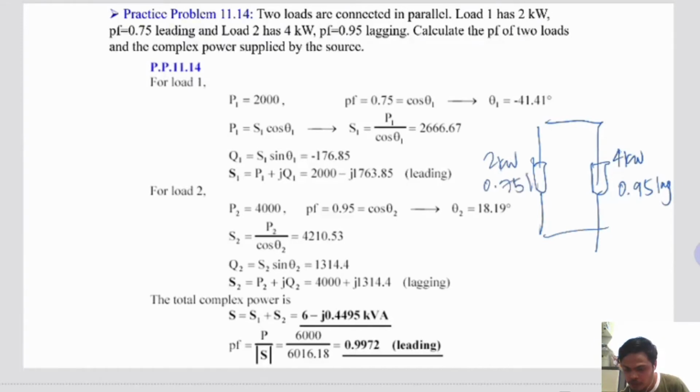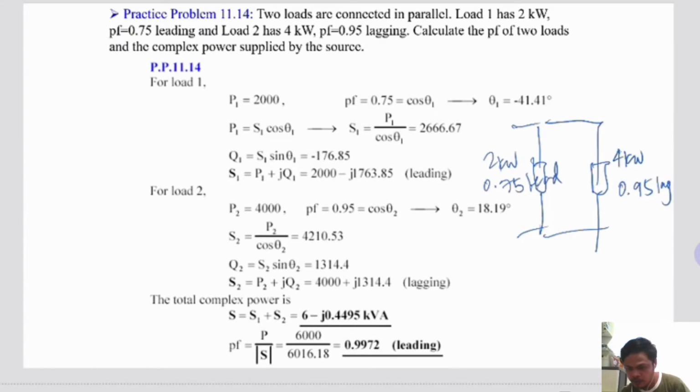So the question is to calculate the power factor of the two loads and the complex power supplied by the source. The source is also connected in parallel. So what is the power factor of the system?